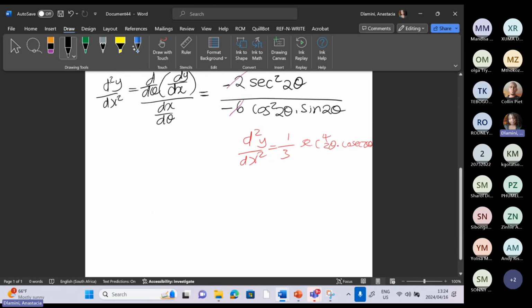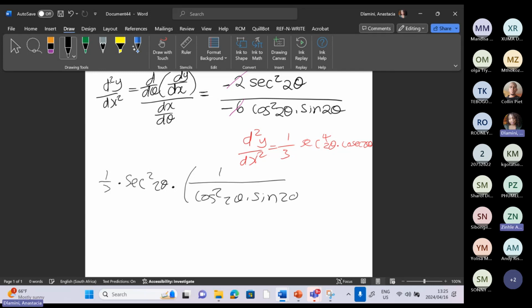So this is what you said: there's a sec there, so that is 1/3 times sec squared 2 theta, times 1 over cos squared 2 theta times sine 2 theta. We know that 1 over a times b is the same as 1 over a times 1 over b, so in maths we are allowed.